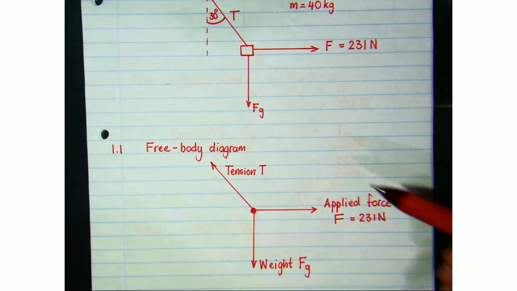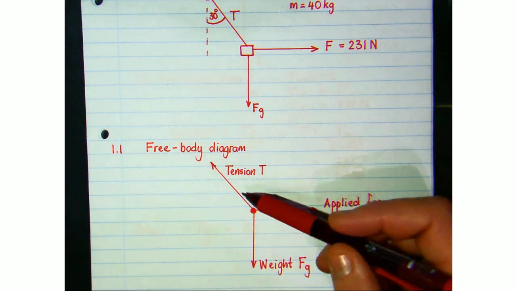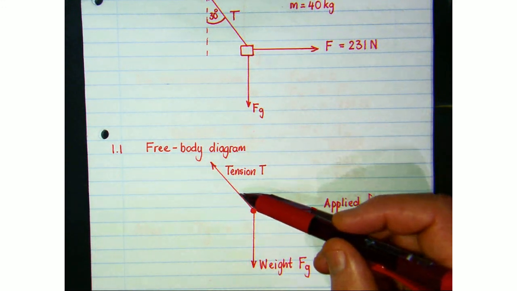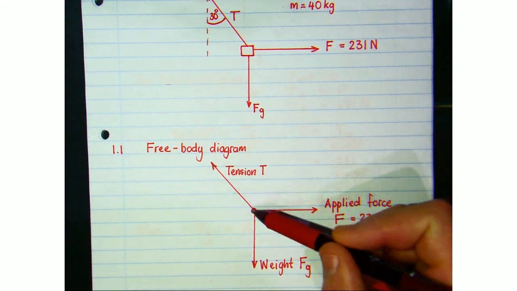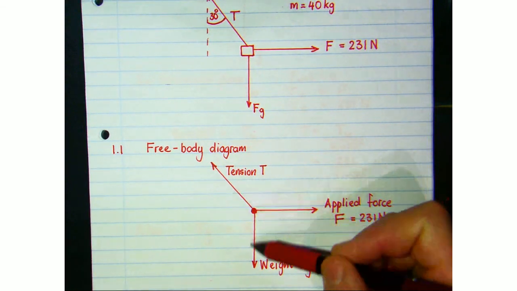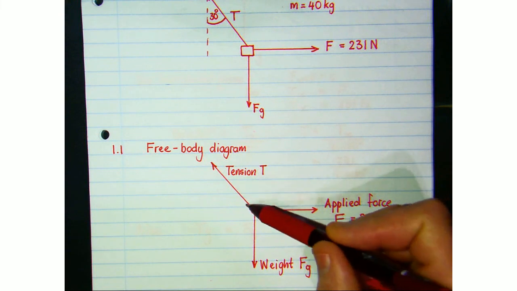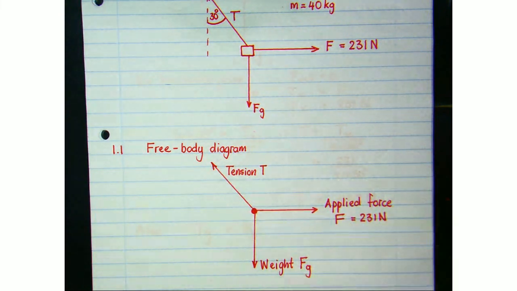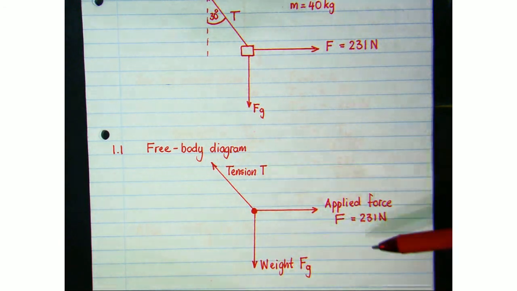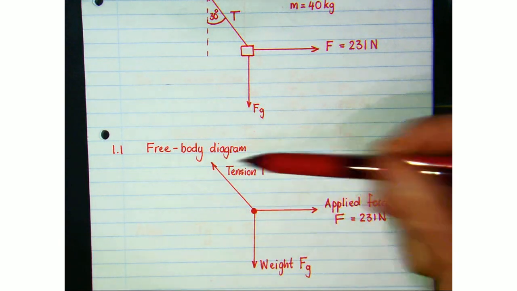If you're not sure what the direction of the tension in a cable is, you simply cut the cable, and if I cut that cable there, then the mass would fall down, so the action of that cable is to act upwards. Okay, so that's the free body diagram. Remember to use words and arrows for your forces.